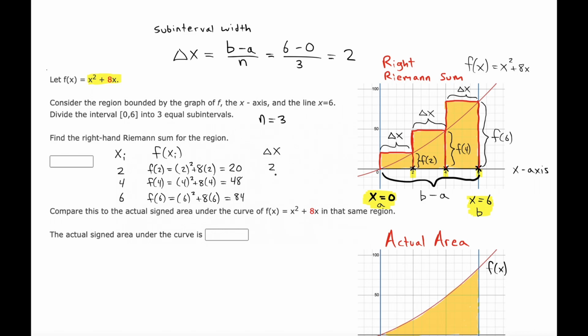The delta x for each rectangle was 2, and we now just want to multiply all the rectangle heights by their widths in order to get their areas. So the first one has an area of 40. The next subinterval has an area of 96.